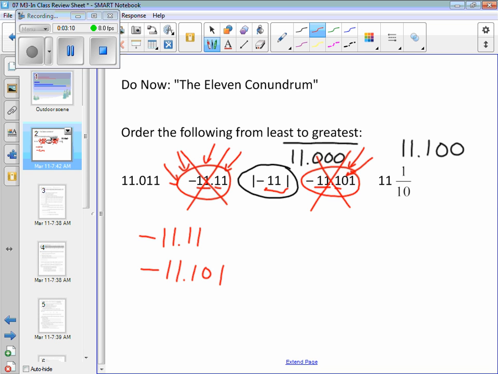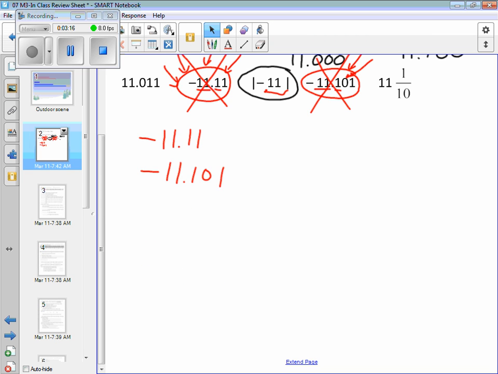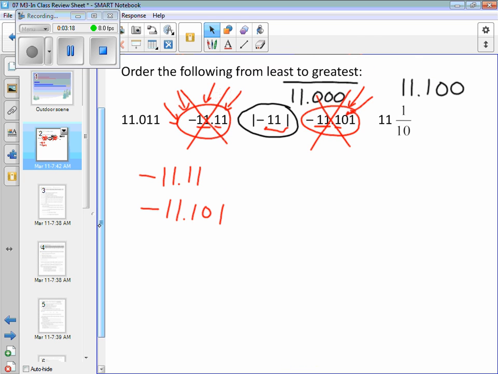And so now we're only dealing with the positive numbers. And we're going to do it the same exact way by comparing the place value. Why we call it the 11 Conundrum is because they all start off the same way: 11, 11, and 11. We're going to take a look at the next digit in the tenths.